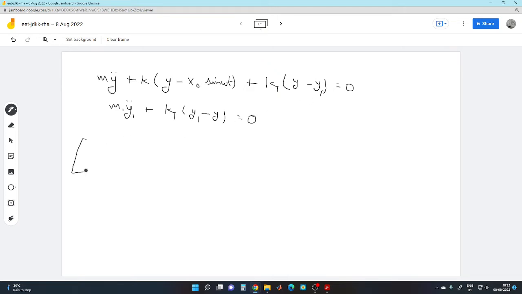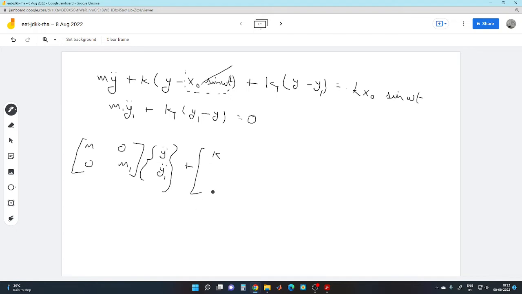And if we write the above equation in matrix form, it will be the matrix m, 0, 0, m1 with the vector y double dot, y1 double dot, plus the stiffness matrix. Actually, we transfer this term to this side. We write it as k x naught sine of omega t and cancel it from here.